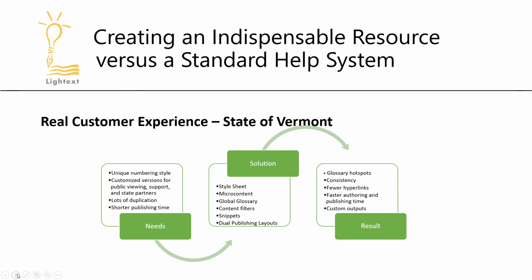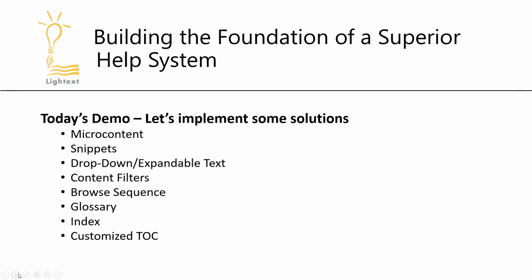It's very consistent. Utilizing the snippets along with the hotspots really reduced the number of hyperlinks and jumps between topics. There was much faster authoring and publishing time on the part of the authoring team, and there were customized outputs for each one of those end users.